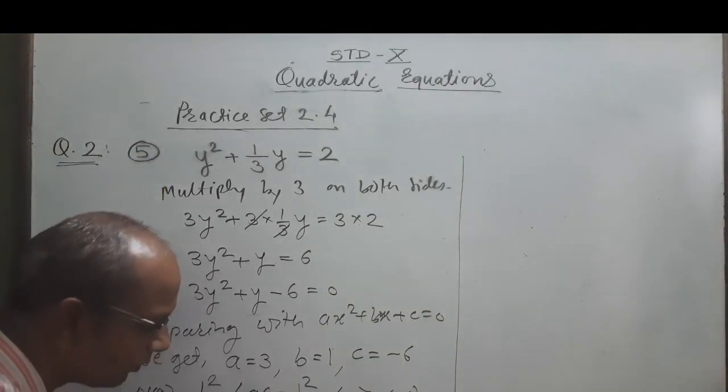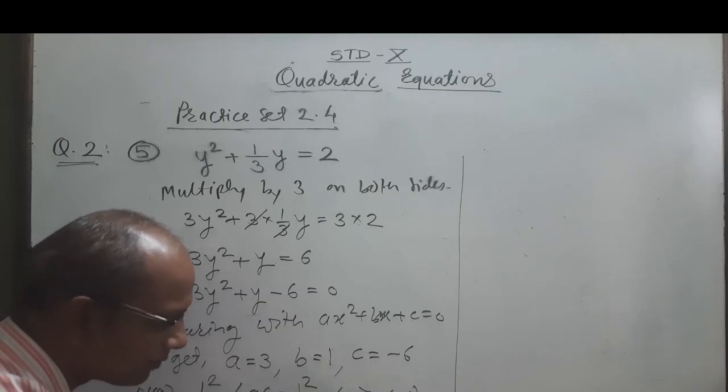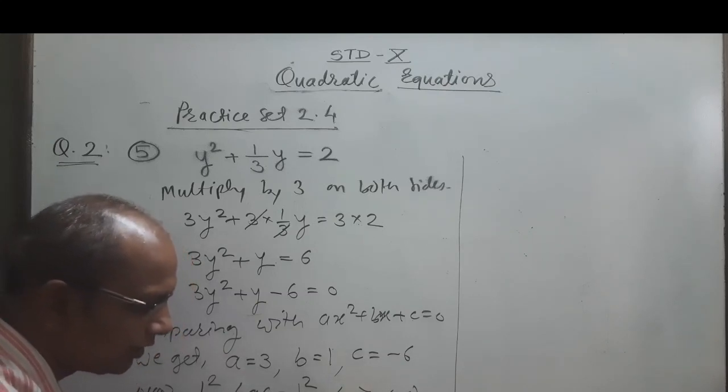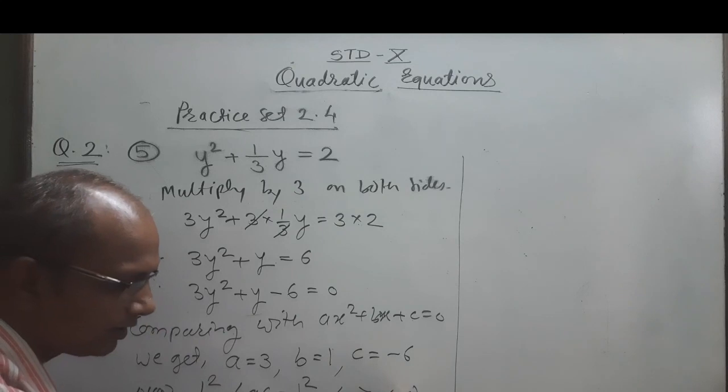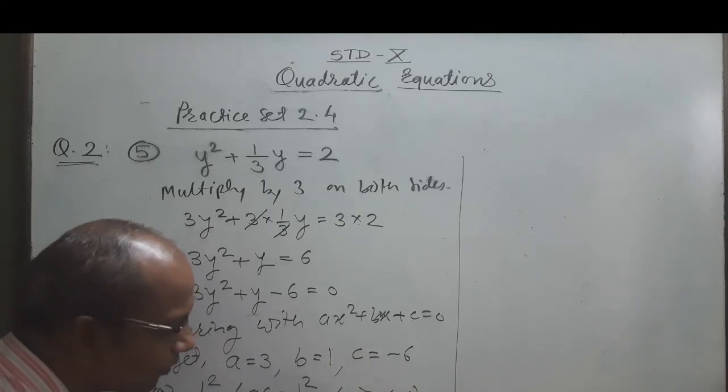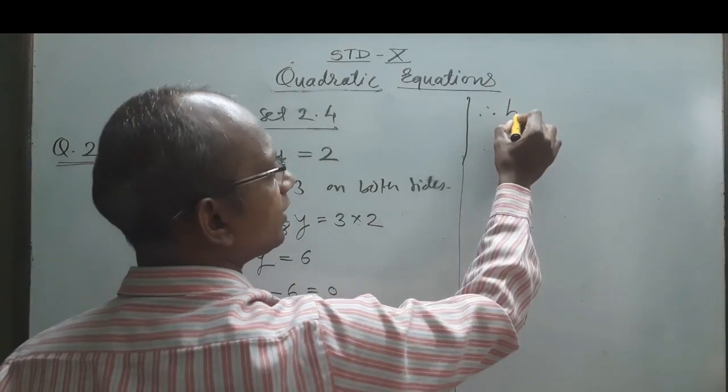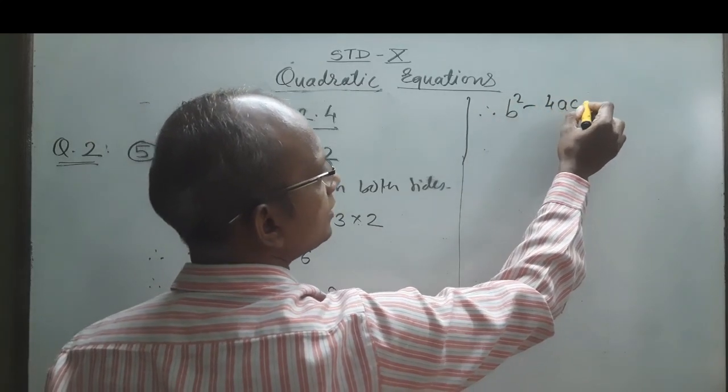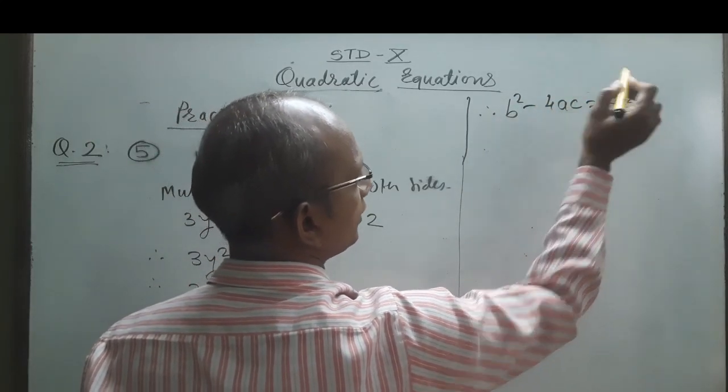So that is equals to 1 square is 1, this minus into this minus is plus, 4 into 3, that is 12, 12 sixes are 72. We got here b square minus 4ac is equals to 73.